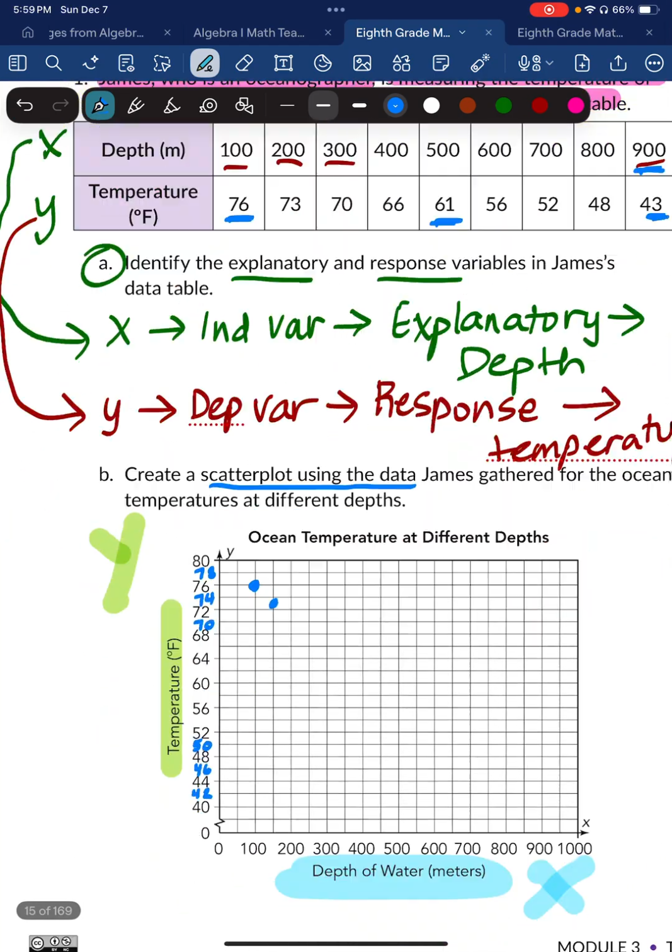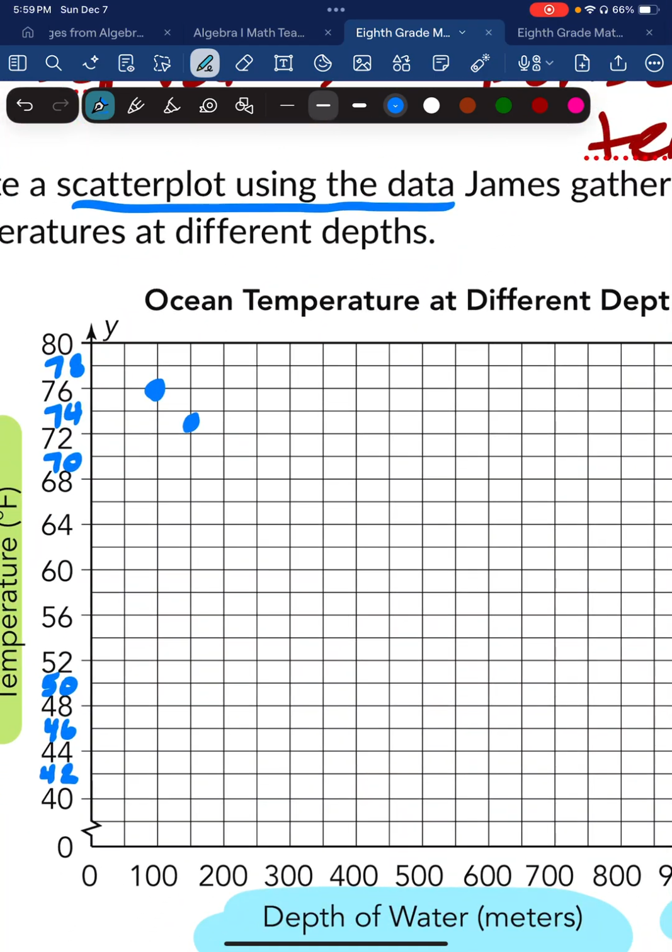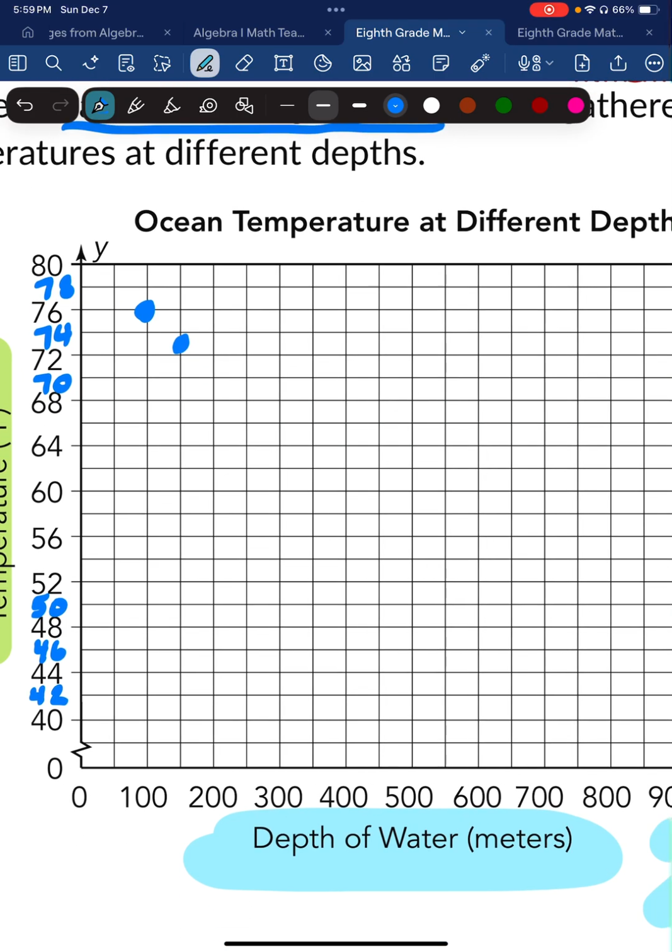Okay, and then 300 feet is 70. Oh, I messed that up.